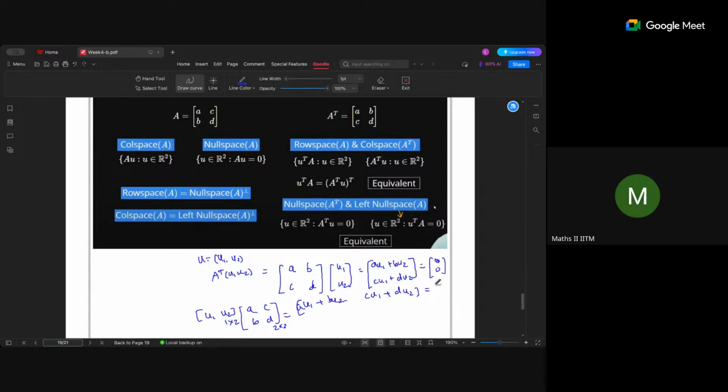It is the same as saying this is 0. Both are equivalent. In the same way, you can see that U transpose A and A transpose U are equivalent. So the left null space of A is, in fact, exactly the same as the null space of A transpose.